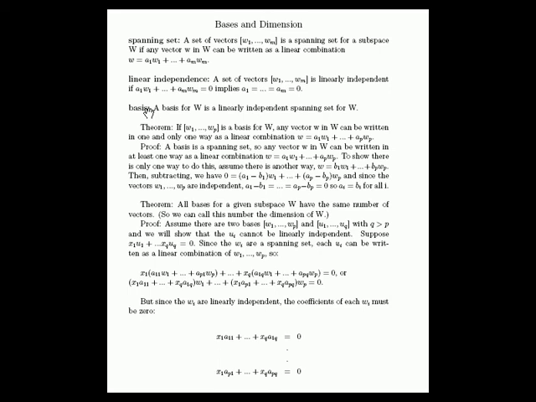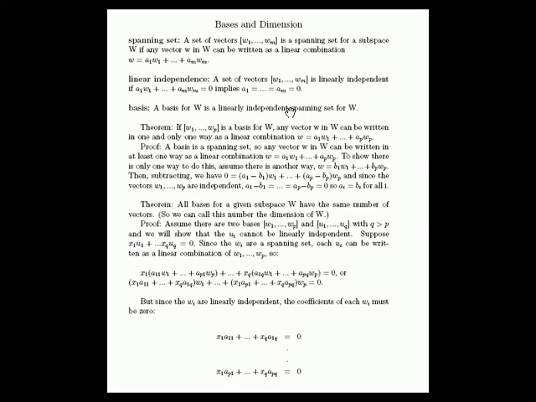Now in section 4, we define a basis as a linearly independent spanning set. So basically it's a spanning set that doesn't have any redundancy in it. If your spanning set is dependent, that means that anything you could span with those vectors could be spanned without one of them.